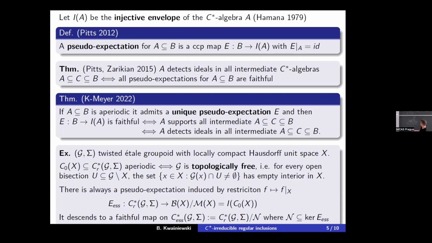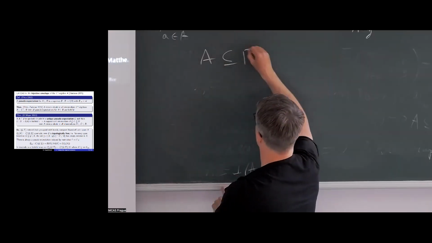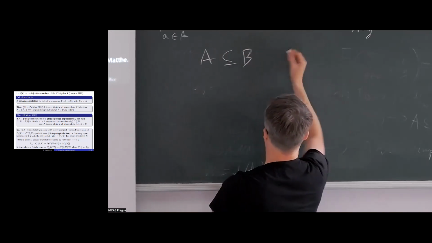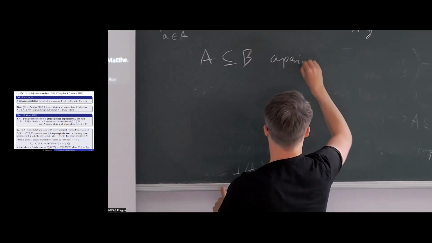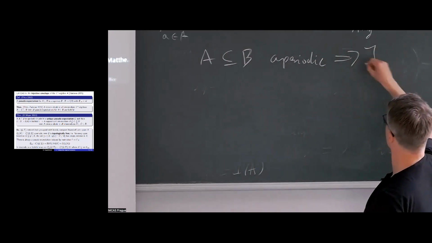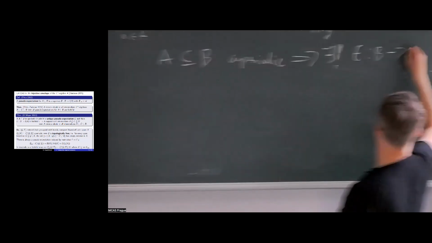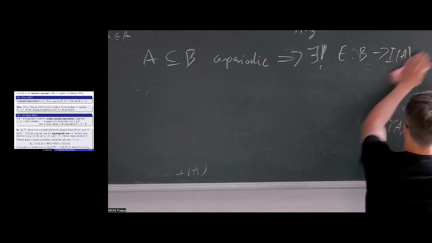I'm not quite sure that this is exactly what you want to hear, and I did not want to talk about this, but aperiodicity implies there's a generalized version of detection of ideals. Whenever you have this inclusion A, B that is aperiodic, you have this unique pseudo-expectation from B into I(A).